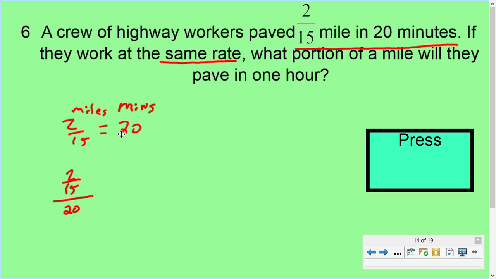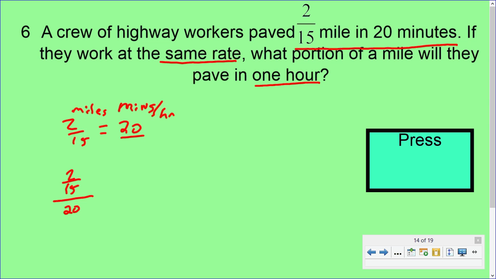Now let's look at the bottom part, because they're talking about they paved it in 1 hour. Notice we have minutes here, so we better convert that minutes into hours. In an hour there are 60 minutes, so I'm going to have to make that minutes per hour.